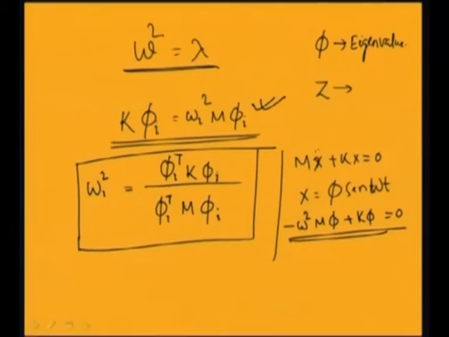If you do not know the exact value, we can assume some other value which will approximate this phi. In that case, by substituting that approximate function, I can write this expression in this form. I can write omega I square approximately equal to R of z, considering z as an arbitrary vector.